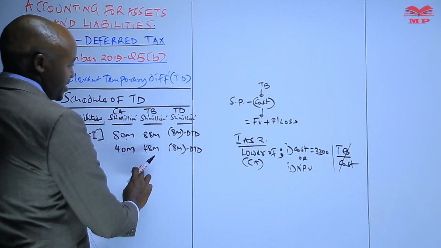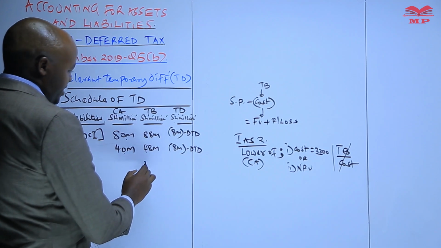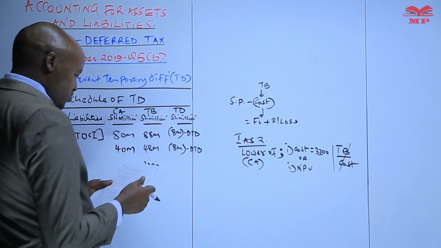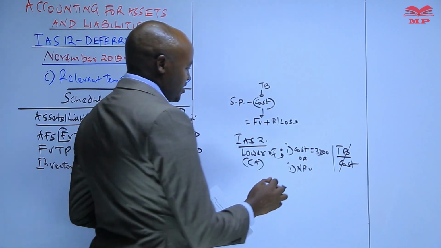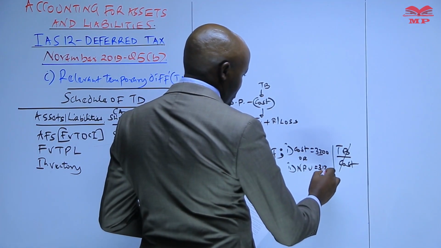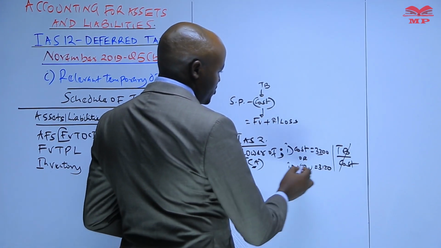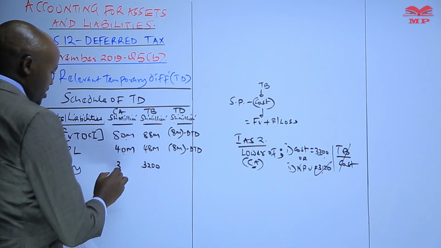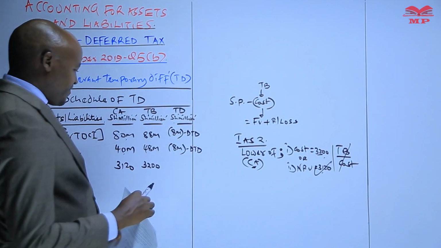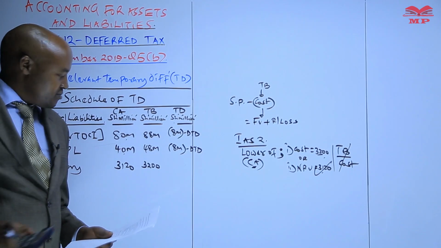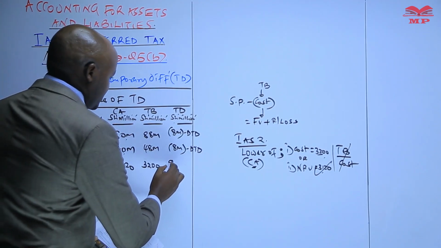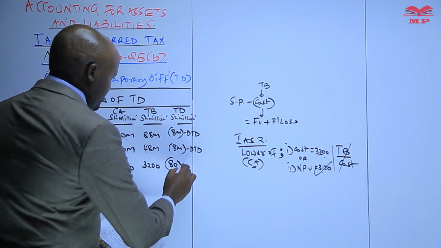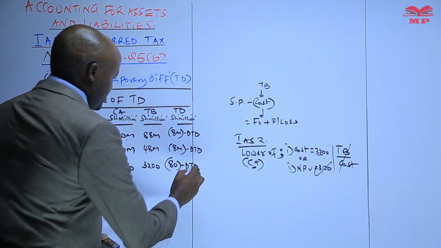So we can just record that here. Tax base is 3,200, and then the net realizable value is 3,120. The carrying amount will be the lower of the two, which is 3,120. So we get the difference here, which will be 80, negative, and that is a deductible temporary difference.